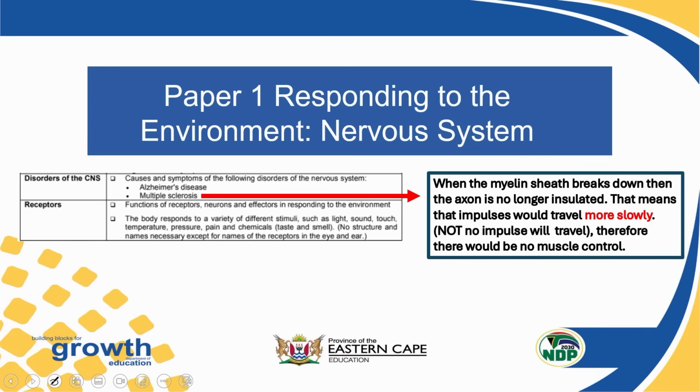But you cannot explain what the effect is. When the myelin sheath breaks down, it means that the impulses will be much slower along the axon. Not that there will be no impulses. The impulses will still travel, but they travel so slowly that they can't actually bring about a response because the speed is so slow.